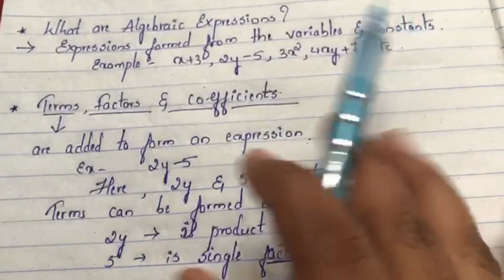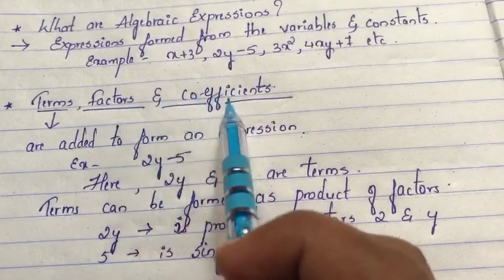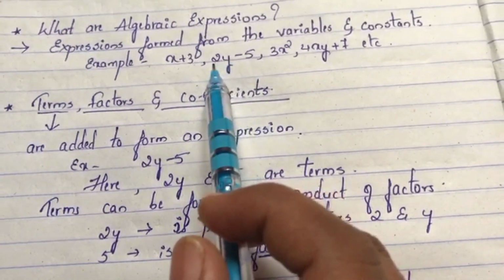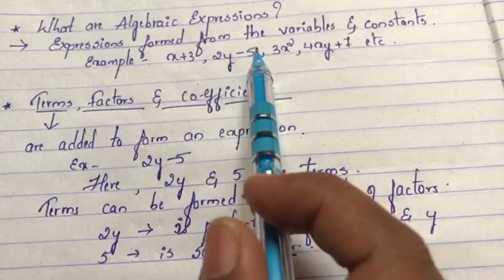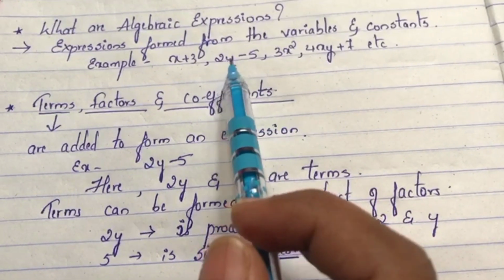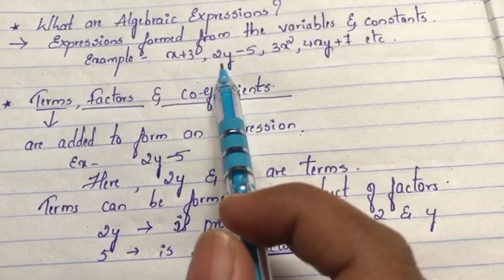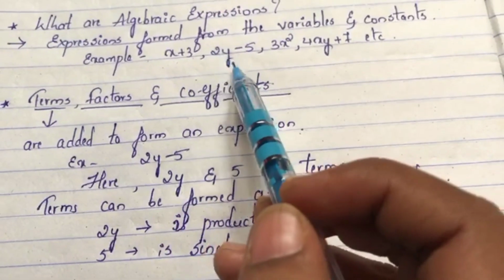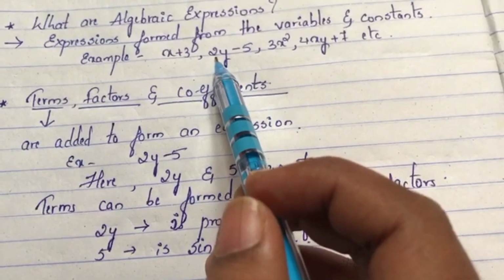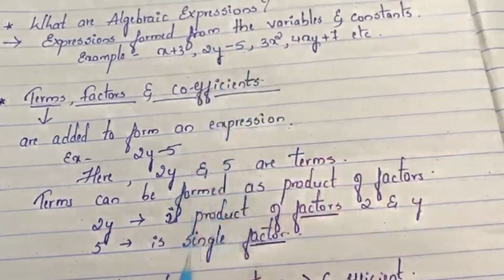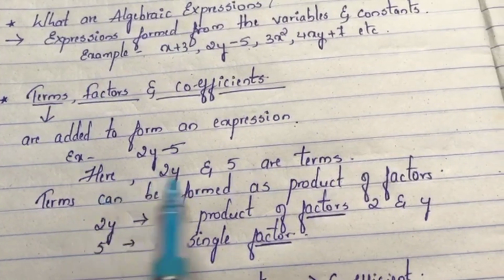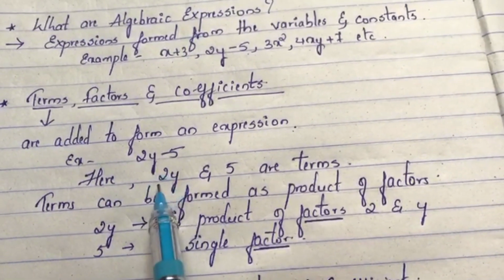Let's know what terms, factors and coefficients are. If we take an example, 2y minus 5, here 2y and 5 are terms. We form an expression by adding terms. Terms can also be the product of factors.